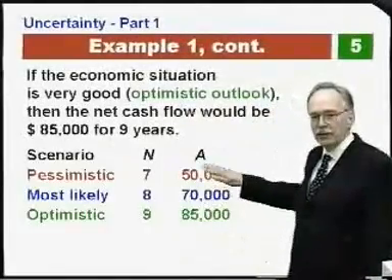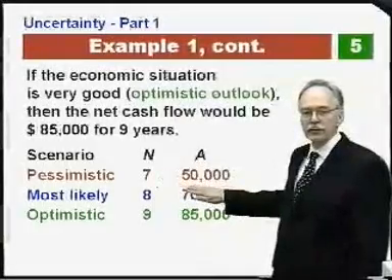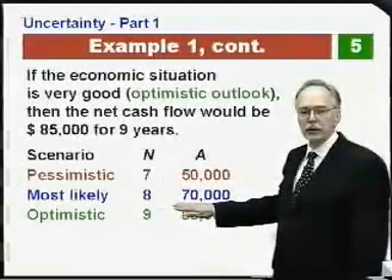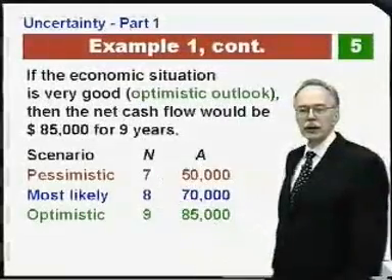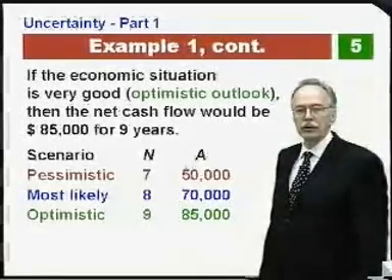So here's a review of the numbers for our example. The pessimistic scenario has a lifetime of 7 years, inflows of $50,000 per year, most likely 8 years, $70,000 per year coming in. And last, the optimistic outlook, 9 years with an inflow of $85,000 per year.